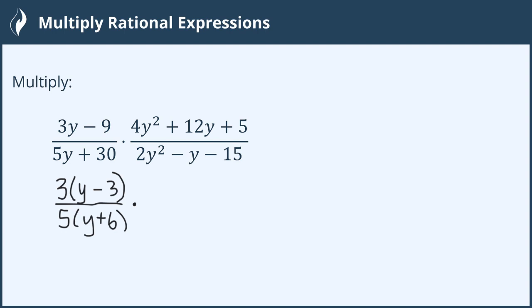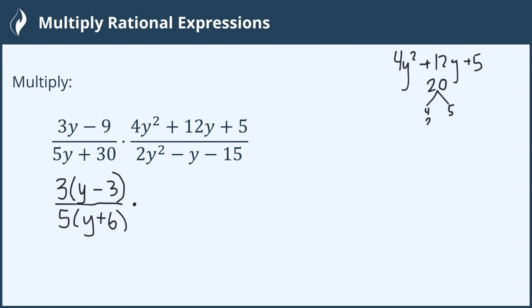I'm going to come over here off to the side, so I have a little bit more room, and look at 4y squared plus 12y plus 5. The AC method says I'm going to take a times c, which would be 20, 4 times 5. And I'm going to look for factors of 20 that add to make 12. I know 4 times 5 makes 20, but if I add those, it does not make 12.